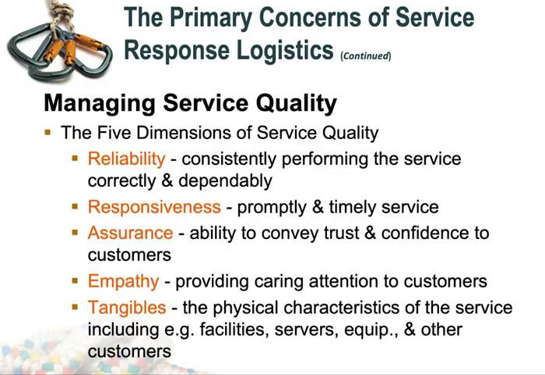So actually, there are five dimensions of service quality: reliability, responsiveness, assurance, empathy, and tangibles. And all dimensions are combined in a service. Okay, reliability, for example, is performing the service correctly and dependably.